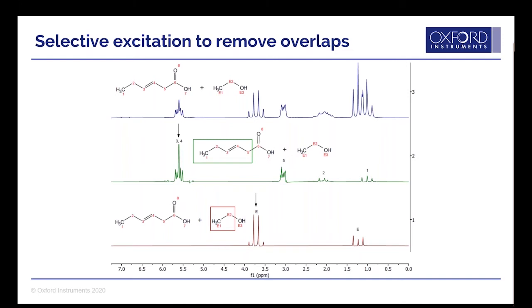And then as well, we could, in a separate experiment, excite just the peaks associated with the ethanol by selectively exciting the region associated with the E2 carbon on the ethanol.